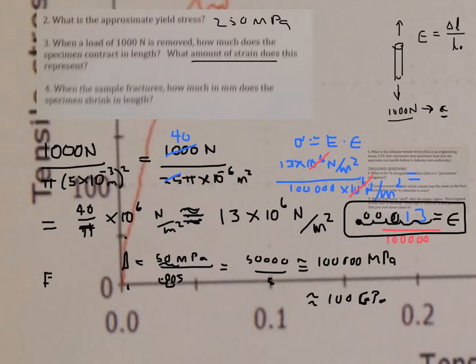And to compute the delta L, we take that strain and multiply it by the original length, which is 50 millimeters.